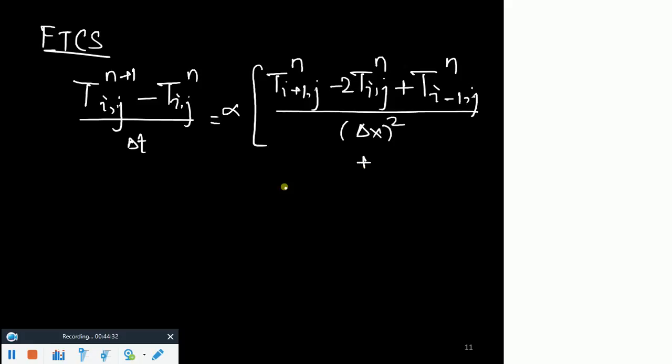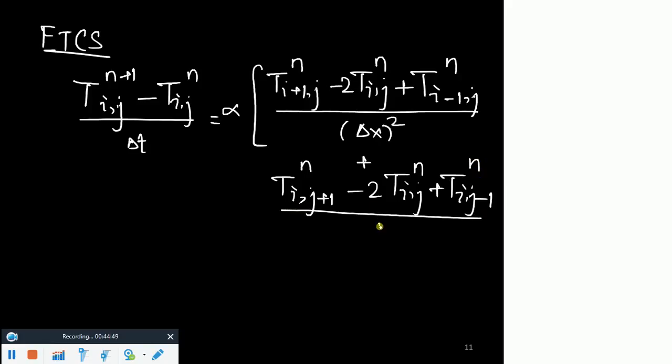I am using the same approach, with just an introduction of one more index. And then the next term, because we are taking the derivative with respect to Y, the Y index would be changing: Tij plus 1 n minus 2 Tij n plus Tij minus 1 n over del Y square. Right? So you can keep this term on this side and you can have this Tij n plus 1.